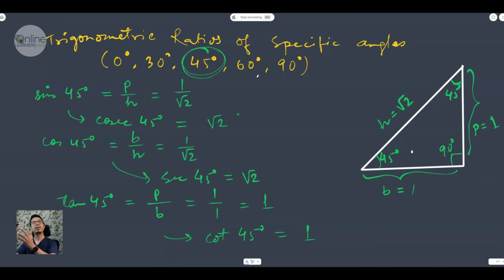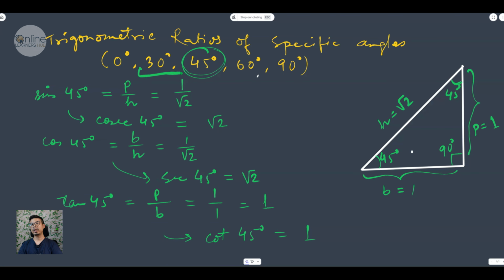Sine is some people have, perpendicular by hypotenuse. What is cos? Curly black hairs, B by H, base by hypotenuse. What is tan? Turn permanently brown. T stands for tan. The tan equals permanently brown, perpendicular by base. So that's what you have to remember. Once you remember this, it will be very easy to find the angles.